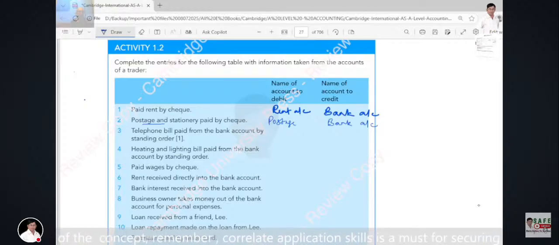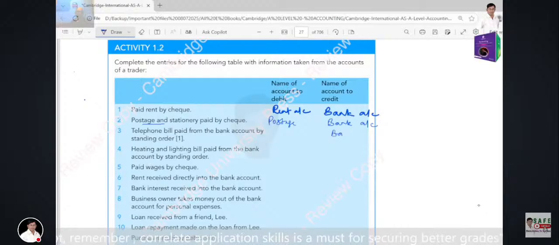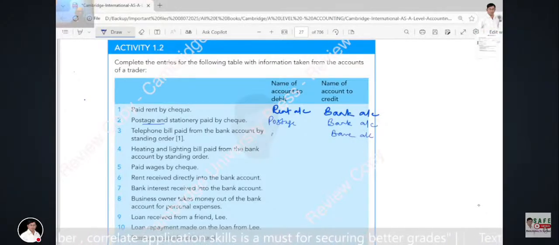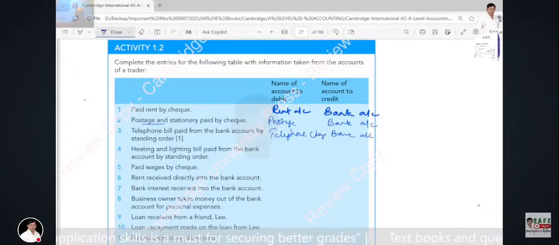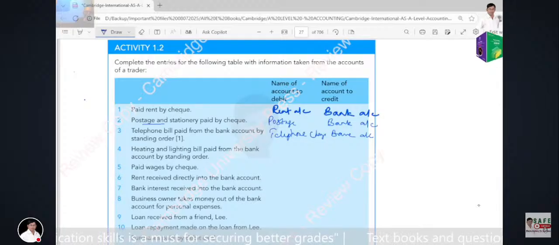Whether it is standing order or any other payment, money will go out from the bank. So here will be telephone. Heating and lighting bill paid from the bank account by standing order. So heating and lighting.